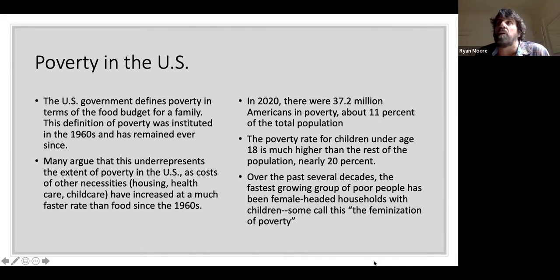Since the 1960s or 1970s, that number has been steadily on the rise as a share of the 37 million people who live in poverty in the United States.